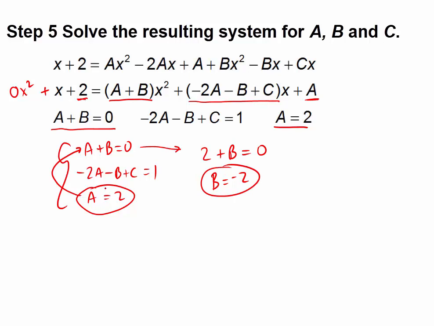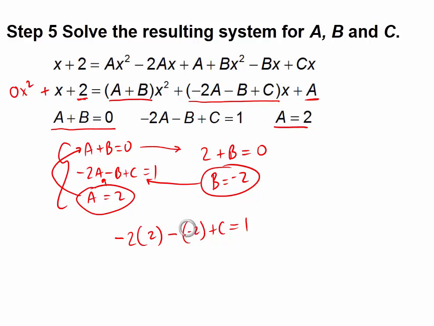Let's substitute both of these guys now into this equation to figure out what c is. So I know that negative 2 times the a value, which we already know is 2, minus b, which was negative 2, plus c equals 1. Notice when I substituted this negative value in here, I put it in parentheses. That just makes it so much easier.